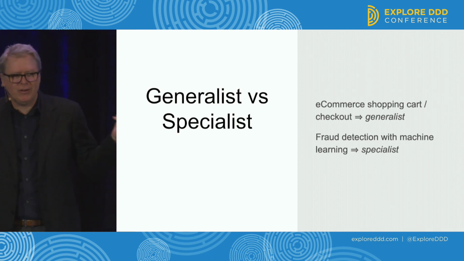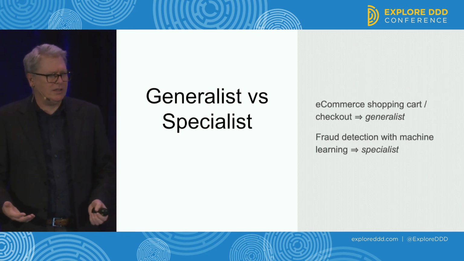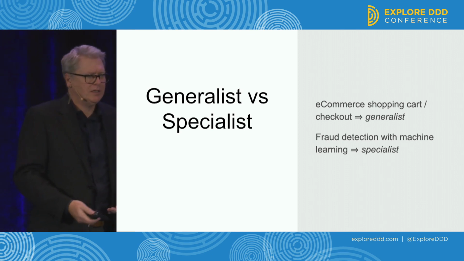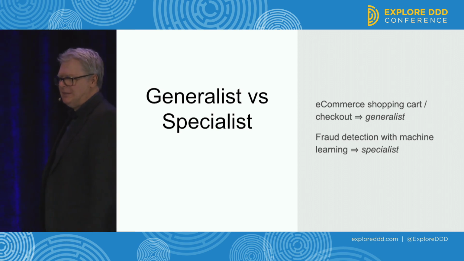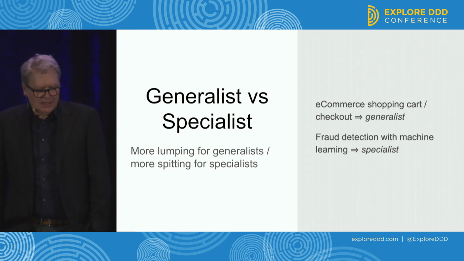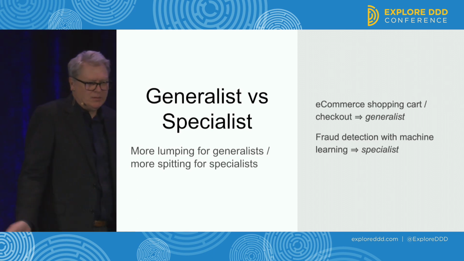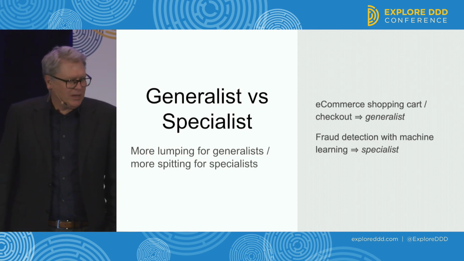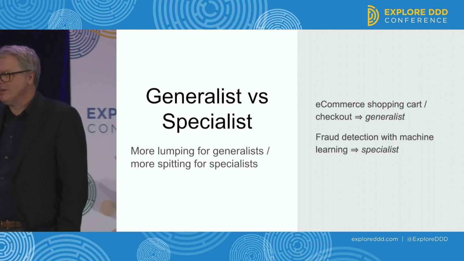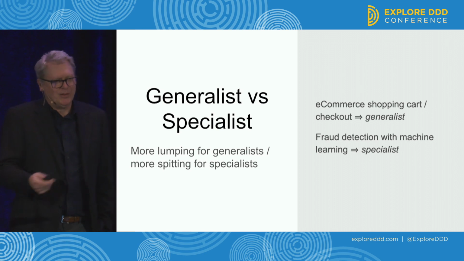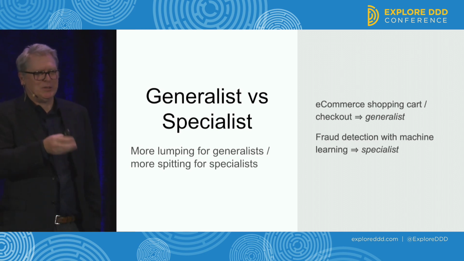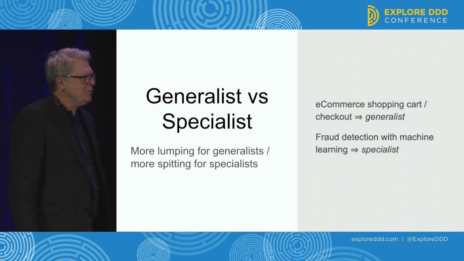I don't want to proliferate context pointlessly if I'm already dealing with a generalist that can handle one more concept. But if I've got a specialist context, I don't want to pollute it. So, generally more lumping with generalists and more splitting with specialists. You know how they always talk about people break down into the lumpers and the splitters, but of course we need to be lumpers and splitters, but we need to be sensitive to why we would lump and why we would split.